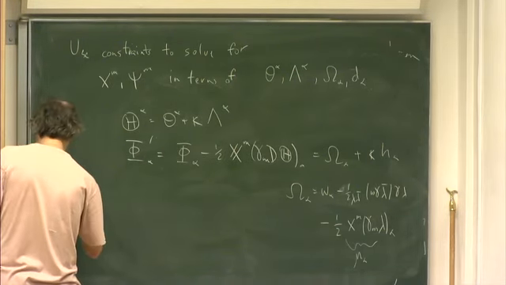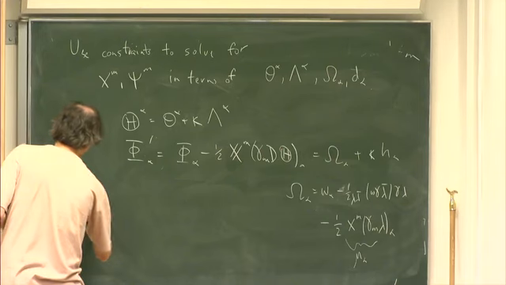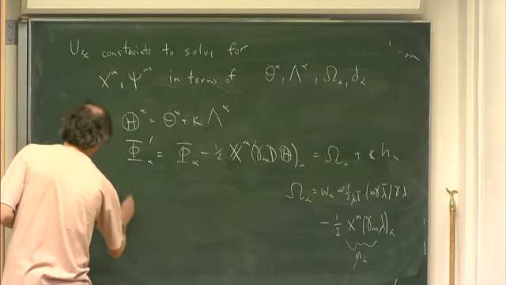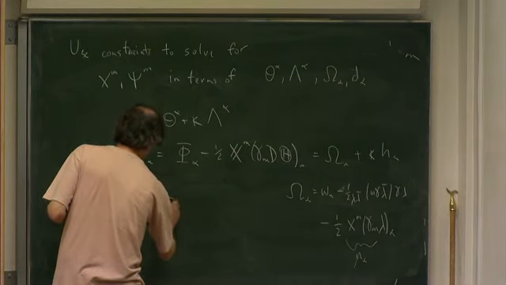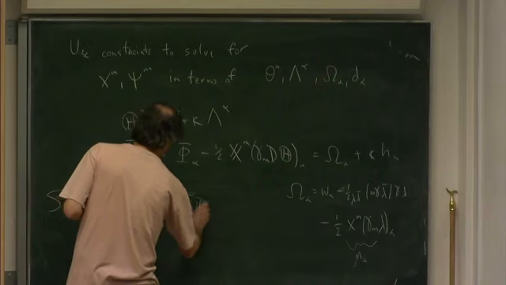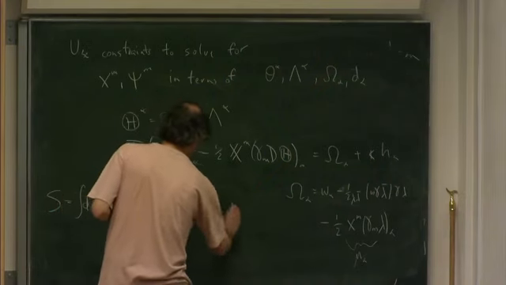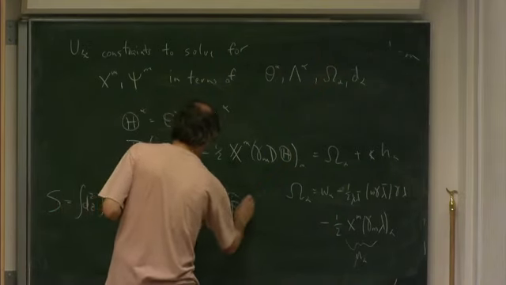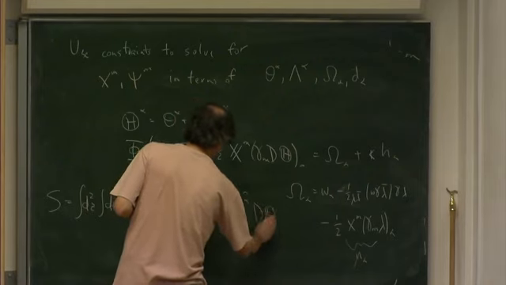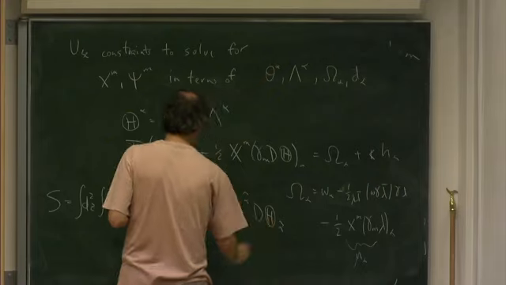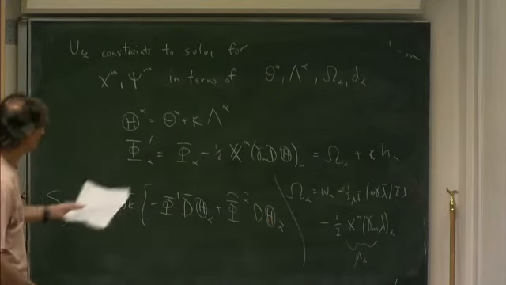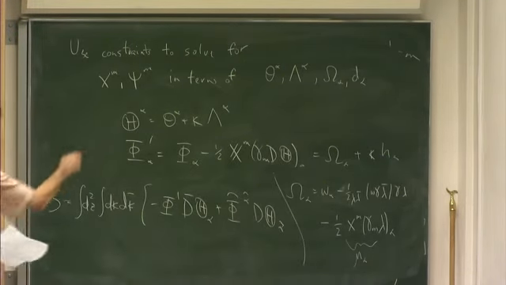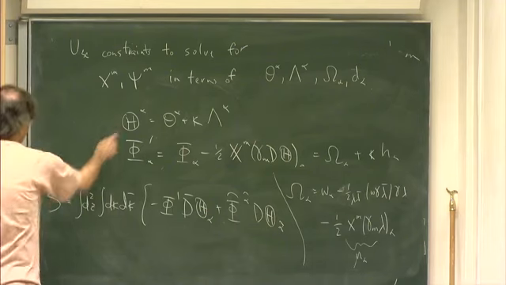So in the flat background, the action is, again, the same as before. But now there's an interaction term, which comes from the fact that the x's are now hidden inside the thetas and phis.